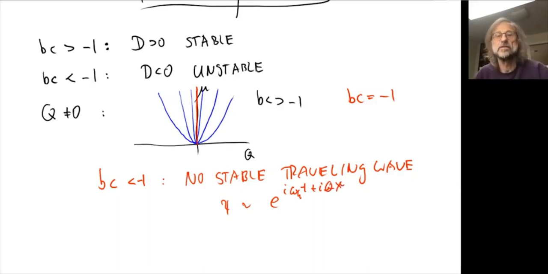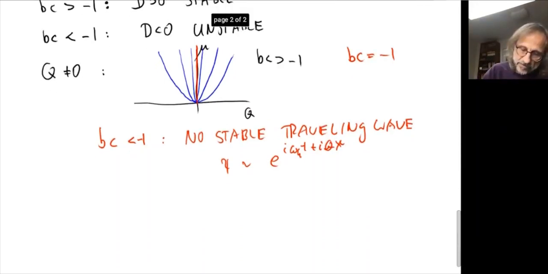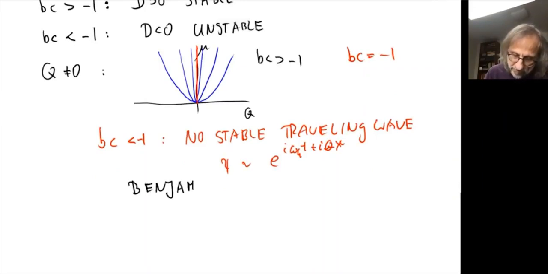So just planar traveling waves. They are not stable for any wave number in that regime. This is called the Benjamin-Feir instability. It's just a word. Benjamin and Feir had a paper on it, and they identified that first, and so fine.